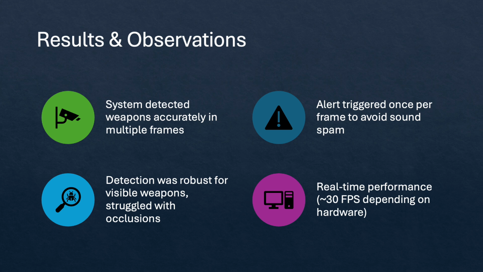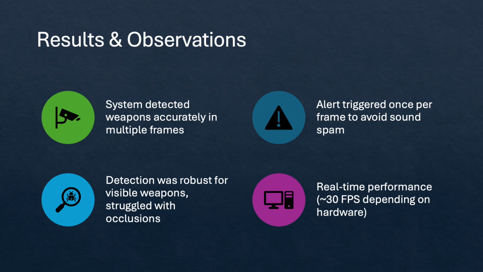The detection was solid. Performance was best in good lighting conditions, so clear videos and steady camera views helped the model make reliable predictions. We also noticed some false positives. For example, tools or remote controls were sometimes misidentified as weapons. This is something we expected, but can work on reducing with more data and fine tuning.